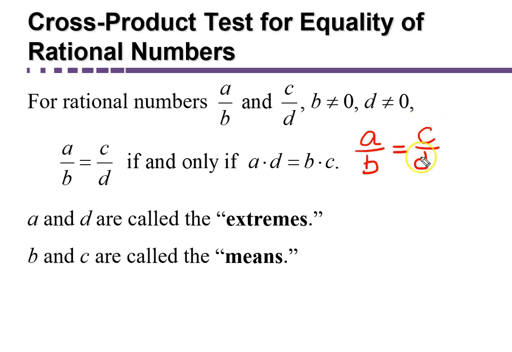This is sort of an equation that we can, in a sense, check the equivalency of A times D, which would then make it AD, and then B times C, which is BC, and these values should equal each other.